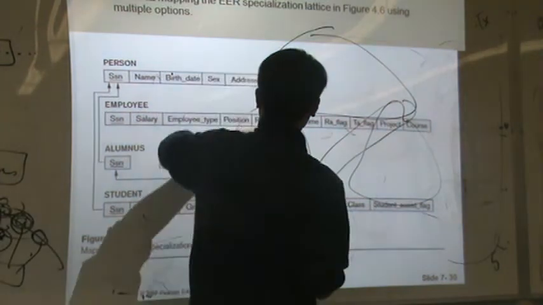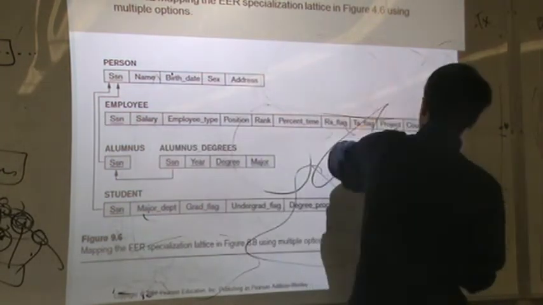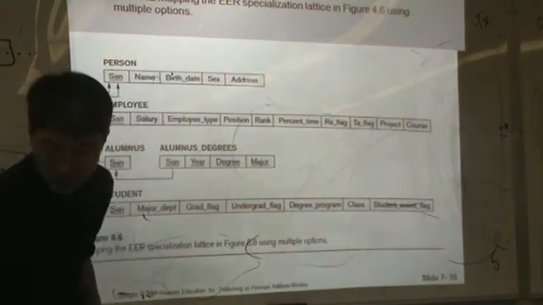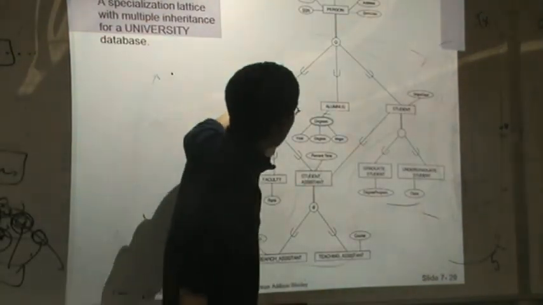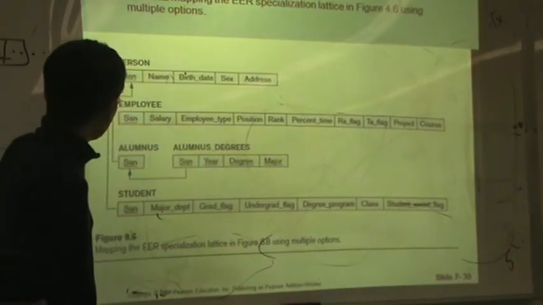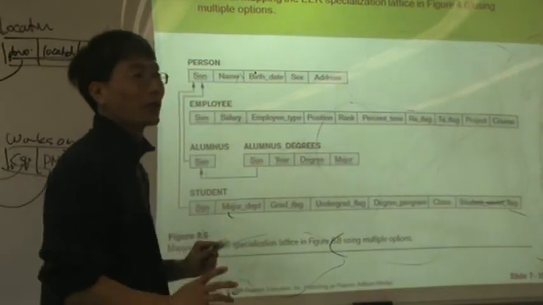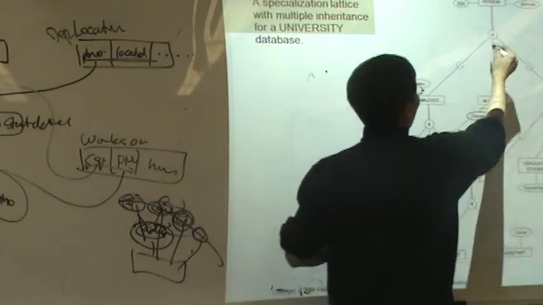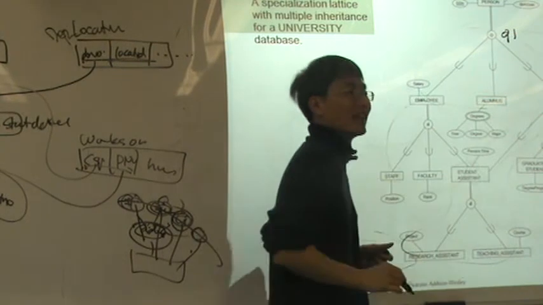I will give one of the answers. For example, the first one, person, employee, alumnus, student. Person, employee, alumnus, student, which means first option for this, option 1.